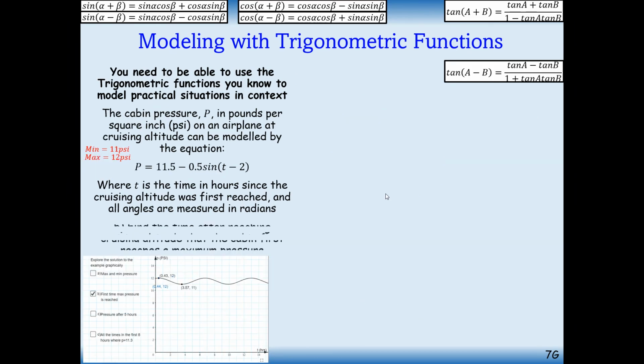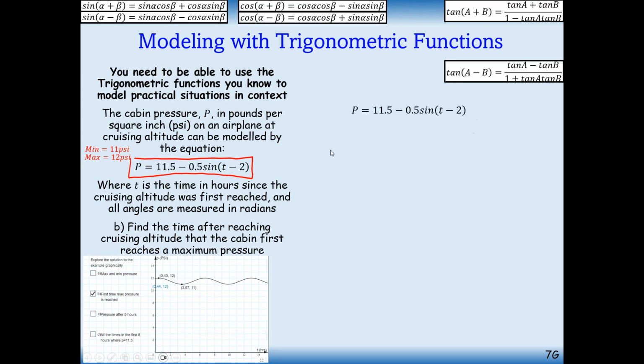In part B of the problem, we were asked to find the time after reaching the cruise altitude that the cabin first reaches its maximum. So we said that the maximum will be 12. What we're going to do basically is replace p with 12 in this equation and solve it for the value of t, because that's giving us time, right?